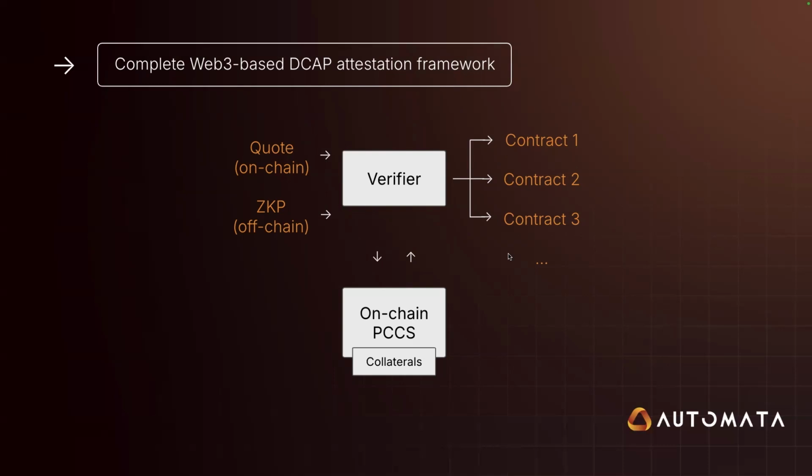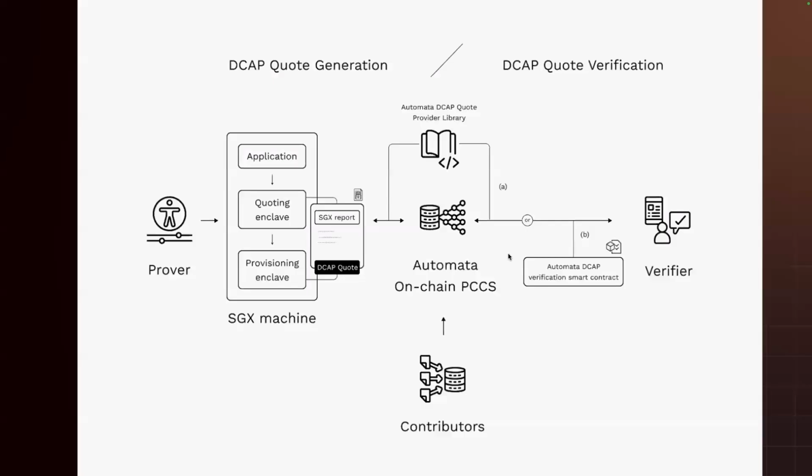Of course, there will be some other maintenance work to be done to make sure that this is up to date. But for the user of the verifier, or the remote party that needs the quote, it's now really simplified, because they can ask the SGX machine to just upload the quote on chain to verify, or they could also take some other enclave quote and directly verify on chain. This is made possible because of the on-chain PCCS.